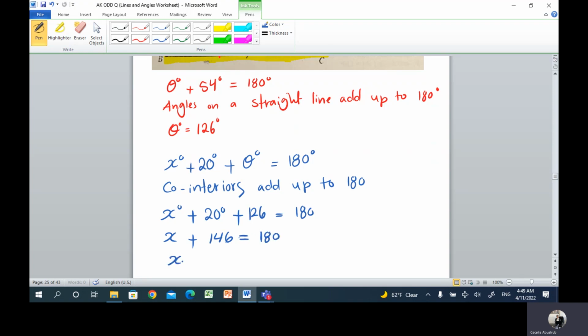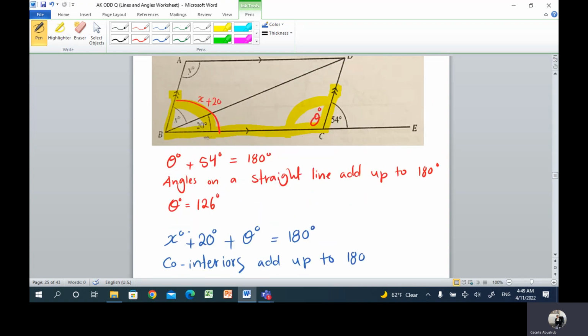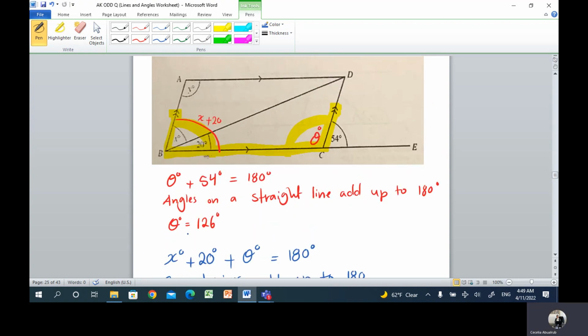Apply opposite operations and find x. So if you subtract the 146 from 180, the answer is 34 degrees for x. So x is 34 degrees. Okay.